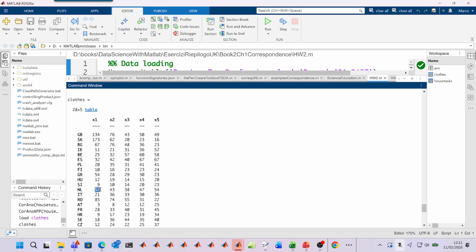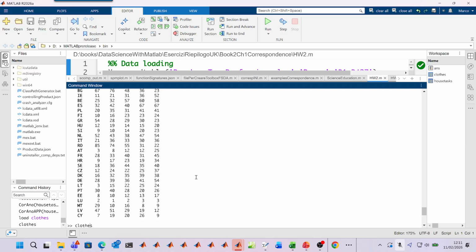But if the ships from China go mainly to Rotterdam, it means the duties they have to pay, maybe the controls are much smaller. So you see the underlying problem: you want to see whether there is a relationship between the rows and the columns.